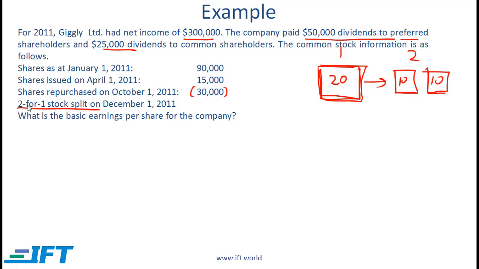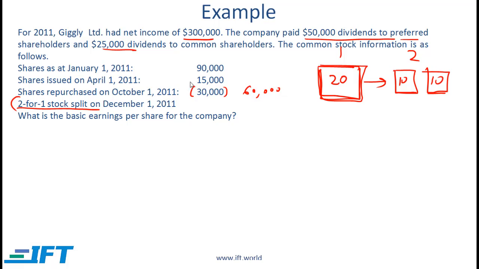Whenever you see a stock split, what you need to do is adjust all numbers prior to the split based on the type of split. Here we have a 2-for-1 split, which means that as you start working back, a repurchase of 30,000 based on this new split is really a repurchase of 60,000.